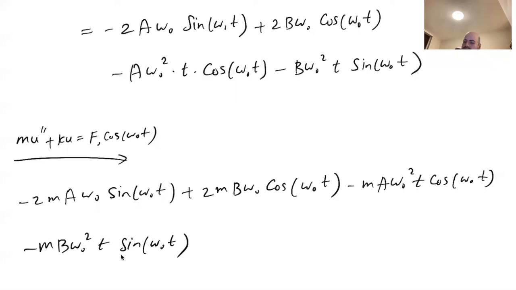So these four terms all together were m u double prime.